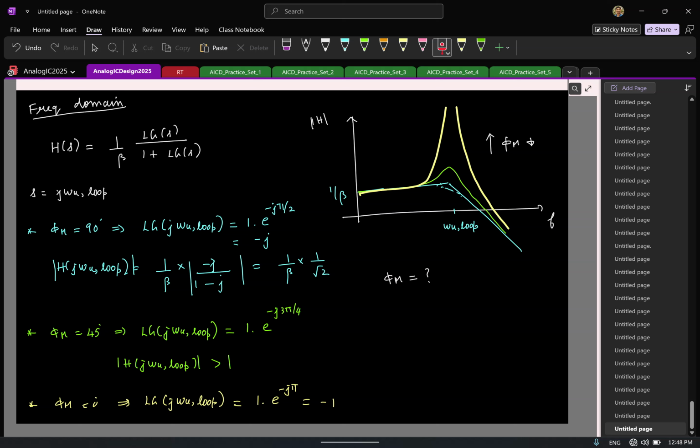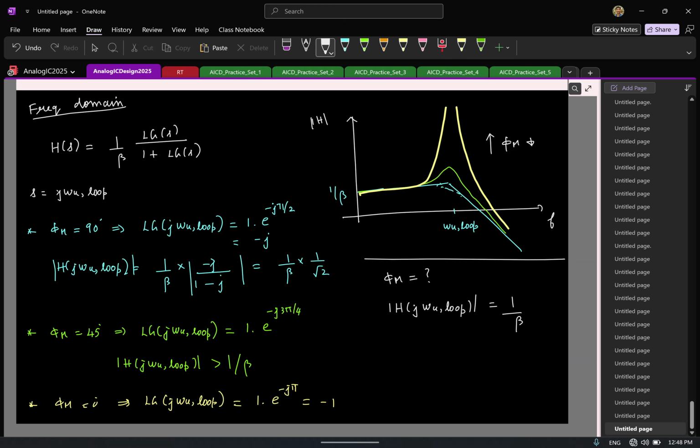So this corresponds to saying that my magnitude at the unity loop gain frequency must be exactly 1 by beta, because I don't want any peaking. I mean, I should say it's greater than 1 by beta, sorry. So here it was 3 dB dropping, here it was greater than 1 by beta. If I choose a phase margin for which the magnitude is exactly 1 by beta, then there is no peaking.